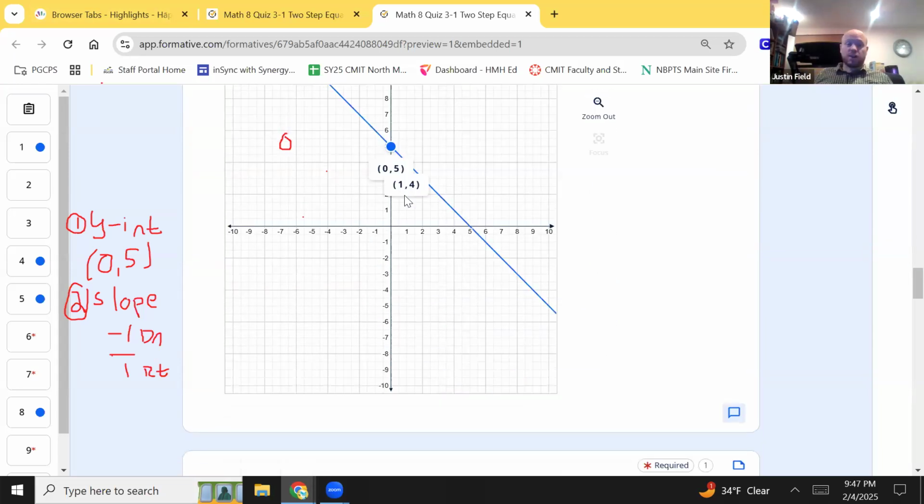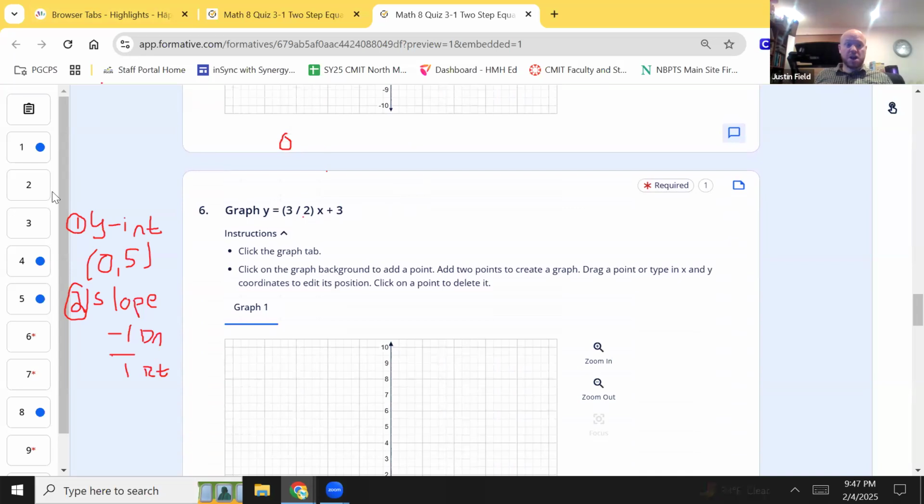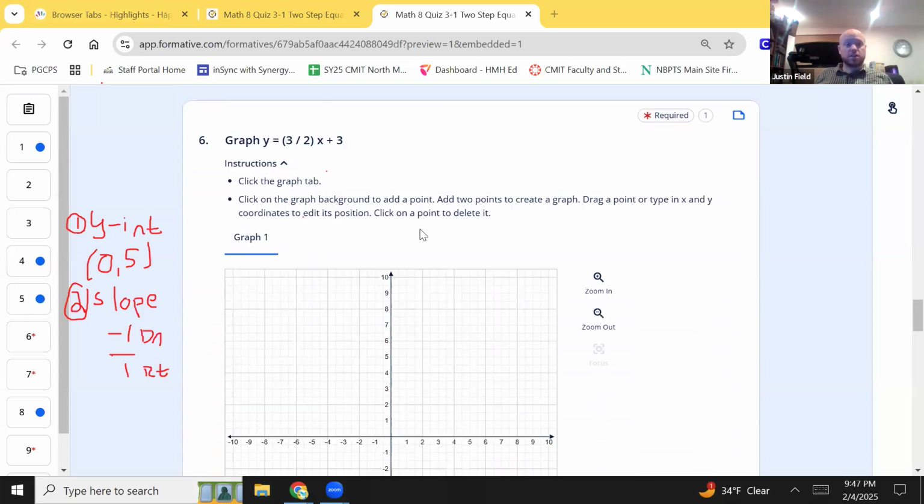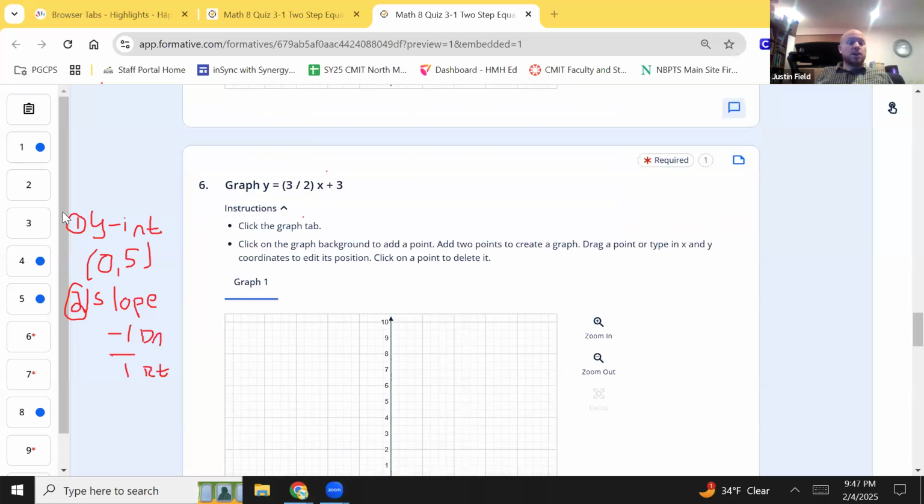And fun, the next slope is positive. So instead of going down and right, we are going to go up and right. It's the only difference, down or up. Negative is down, down like a frown, negative, frowning. So, okay, let's just go ahead and graph the next one.